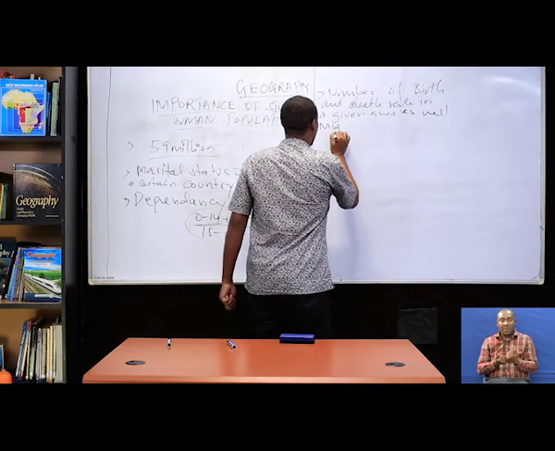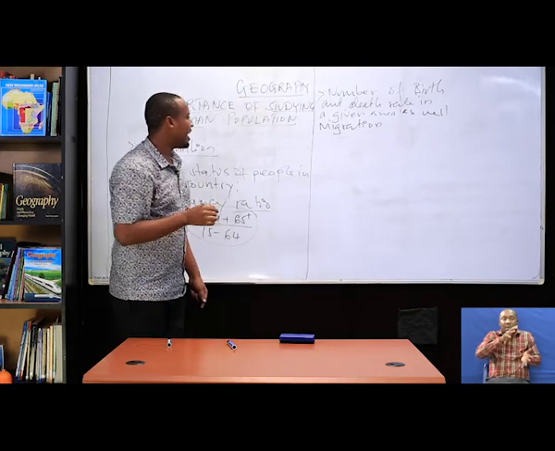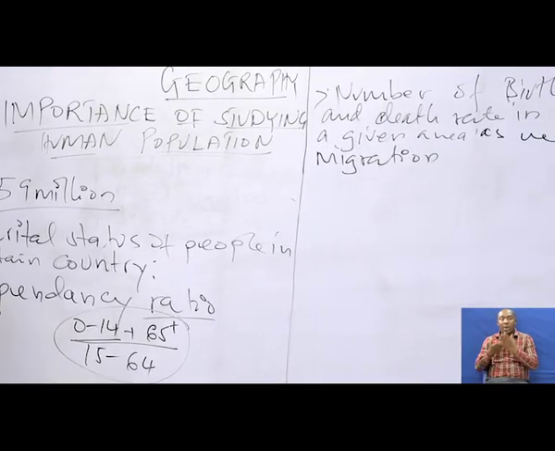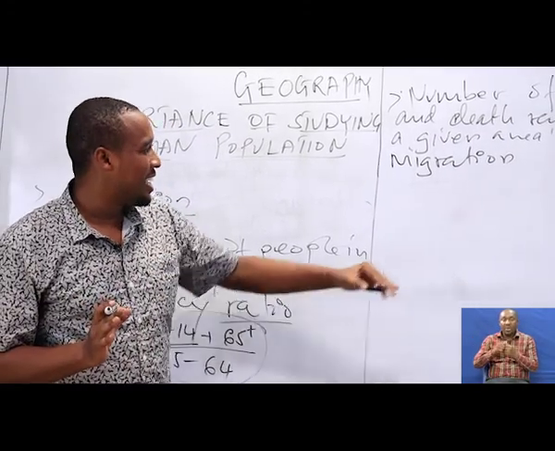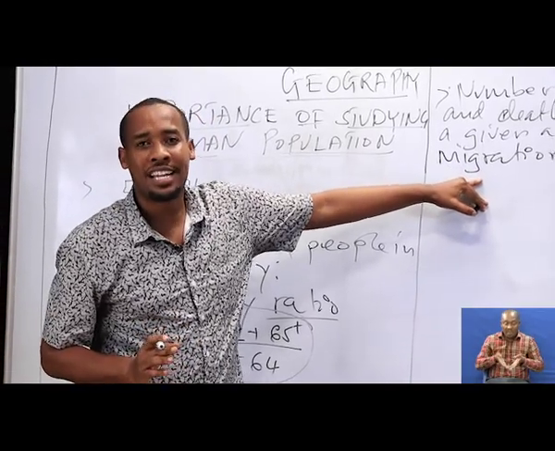Migrations. The addition of people, or the increase in the number of people in an area, can be caused by three main variables: migrations, birth rate, or death rate.